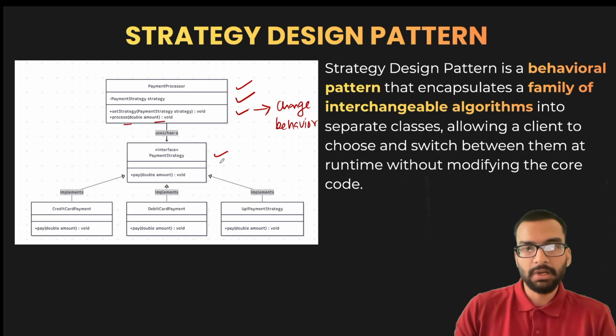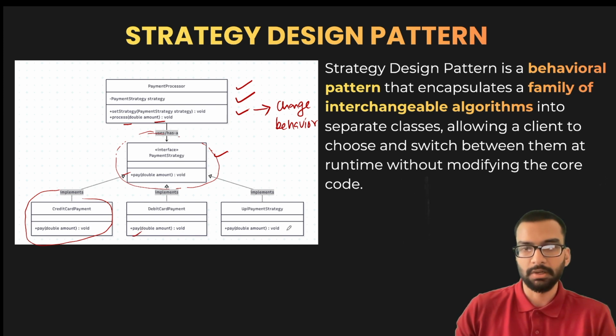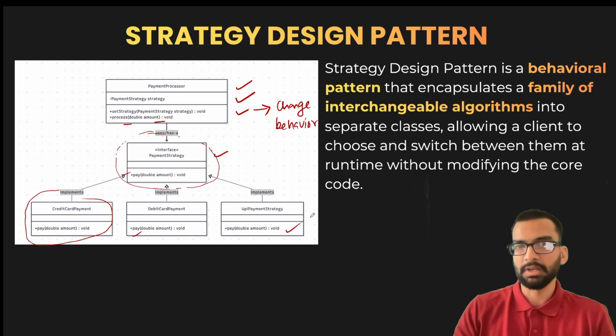And then the payment strategy is an interface. The payment processor just contains the interface, and its implementation is injected into it. So this credit card also implements pay. This debit card also implements pay. This UPI strategy also implements pay. So this is a strategy design pattern.